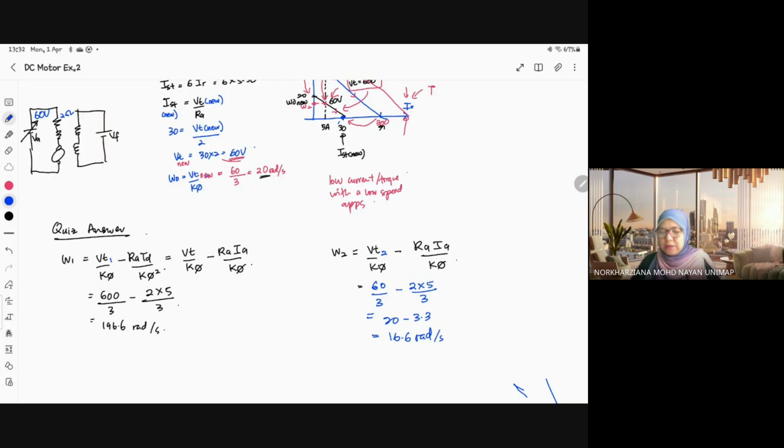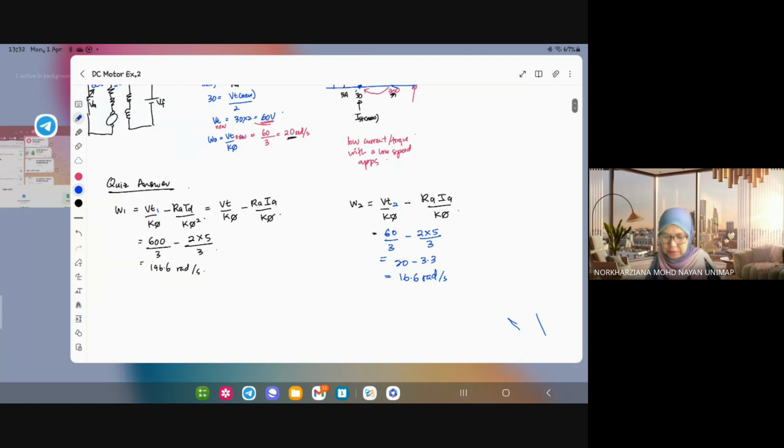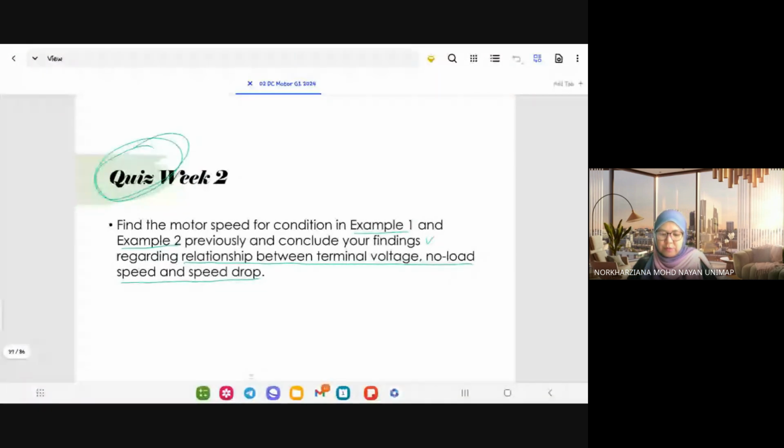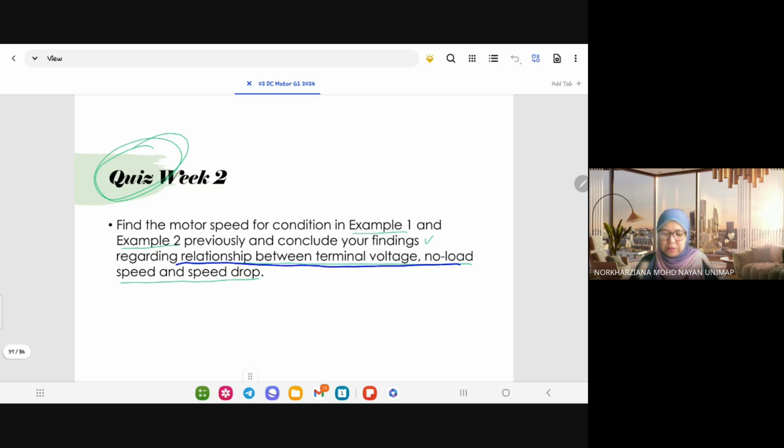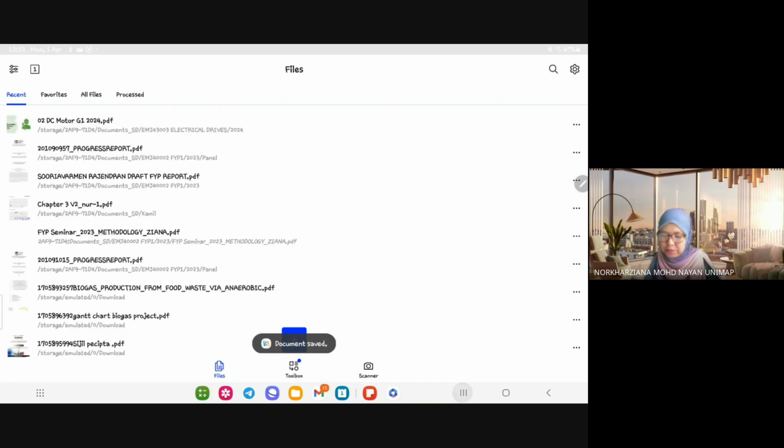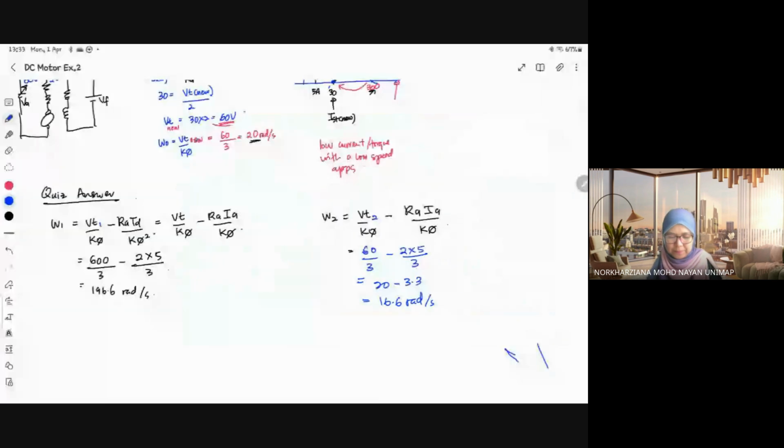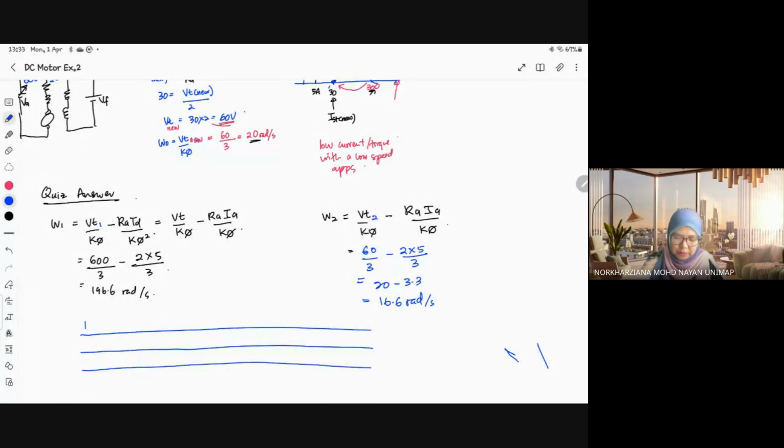Okay. What does the question ask? Find the motor speed for condition example 1 and example 2. Done. And conclude your finding regarding relationship between terminal voltage, Vt, no load speed, and speed drop. Okay, so when you need to look up on the finding, you can make your own table here.